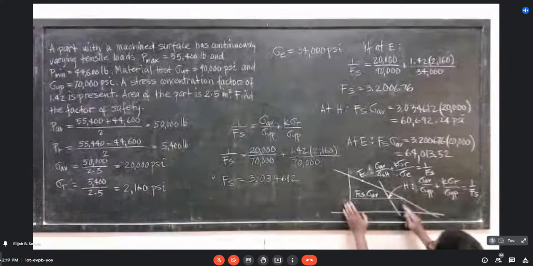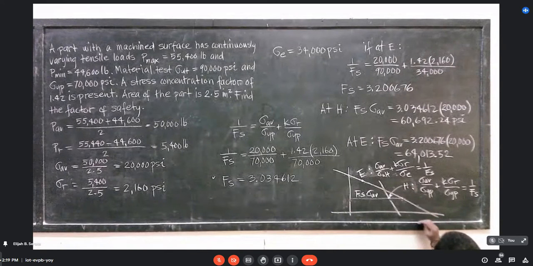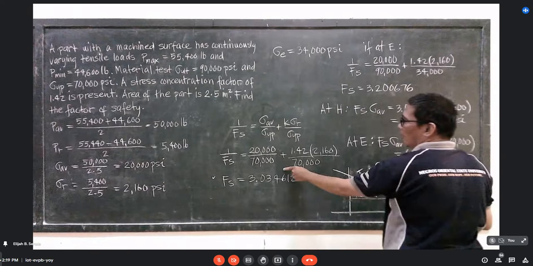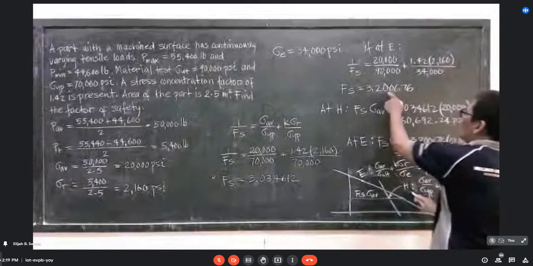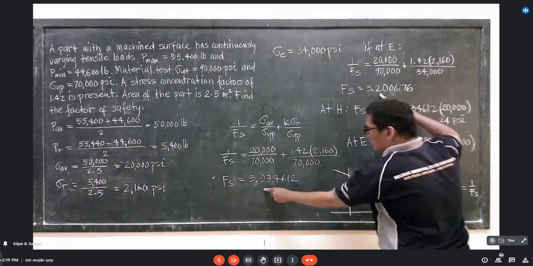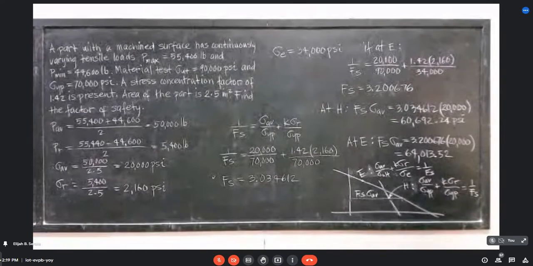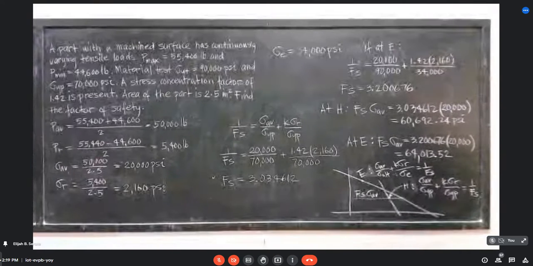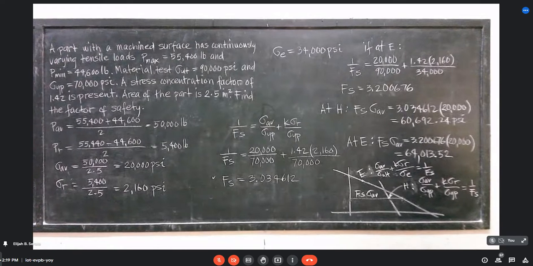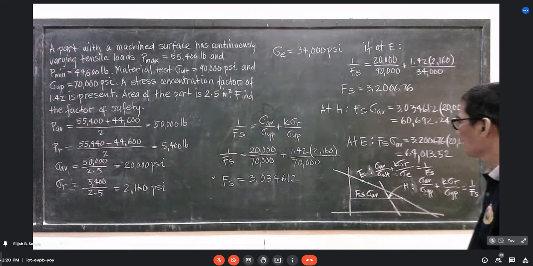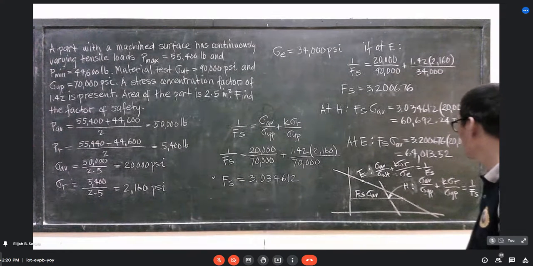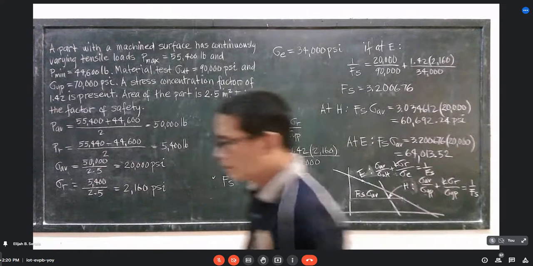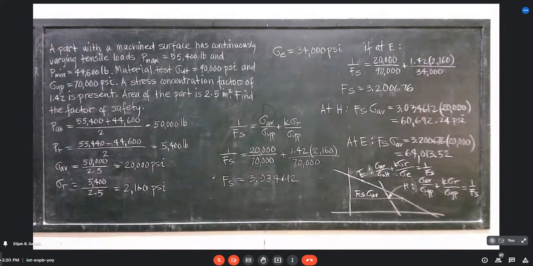You can see that in the graph. Meaning, the one for H, which is this one, should be smaller than E. That is correct, since it is 3.2 versus 3.0. Do you follow? Yes, sir.